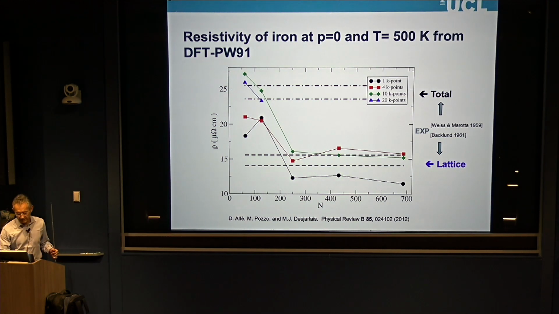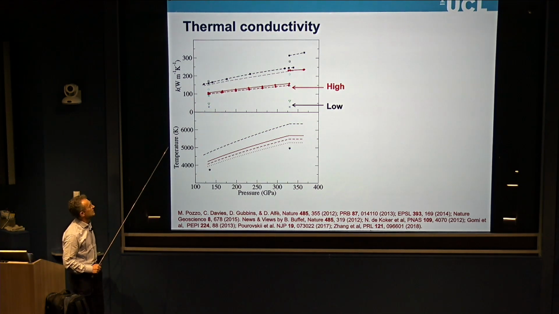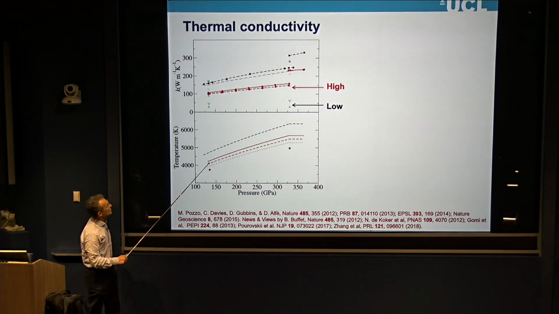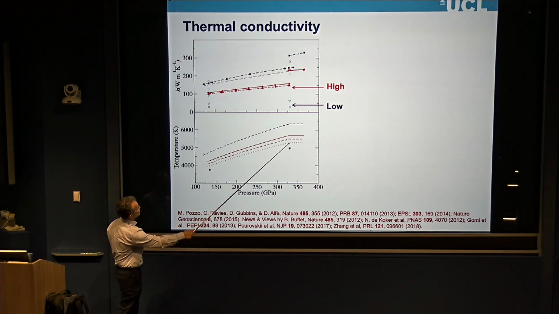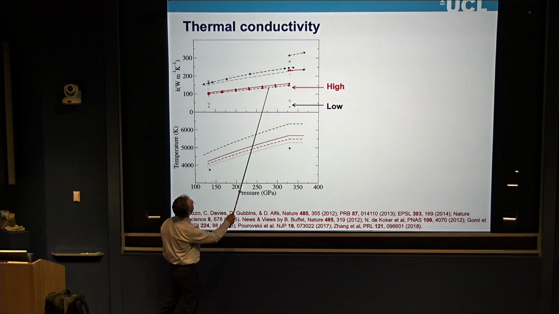So once you've done these tests, then you bring these calculations to the conditions related to the Earth's core, and these are the results. So here you have the temperature and pressure. These are the likely conditions in the core. So this red range shows the likely conditions of temperature and pressure inside the Earth. And these are the values of the thermal conductivity.